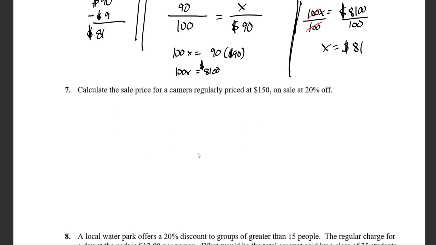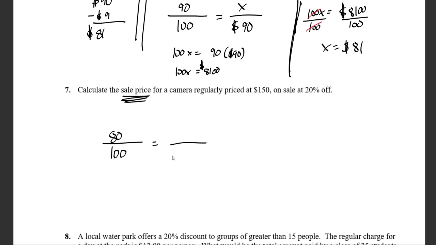Like number 7 here. Calculate the sale price for a camera regularly priced at $150, on sale at 20% off. I'm looking for the sale price, how much I still have to pay. So normally I have to pay 100% of the price, but here I'm taking off 20% savings. So 100 minus 20, I still have to pay 80% of the cost.